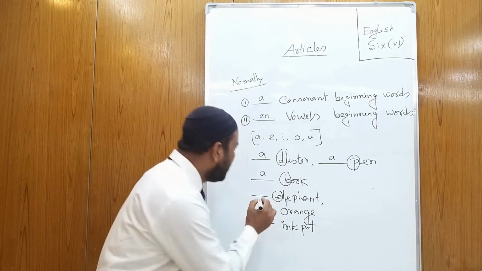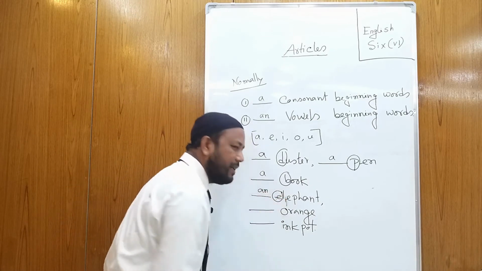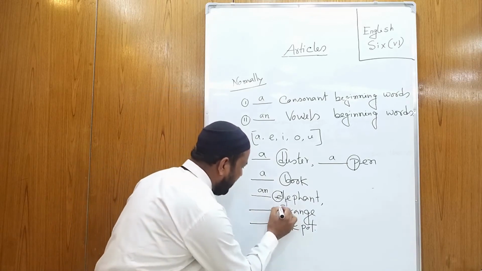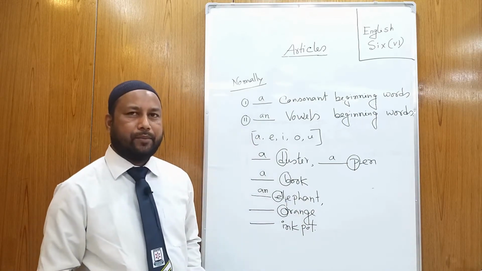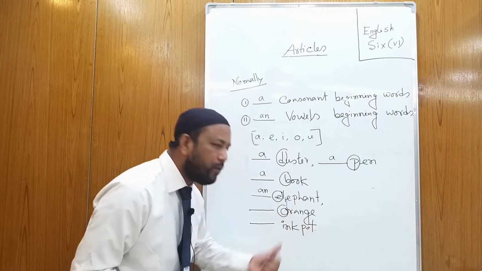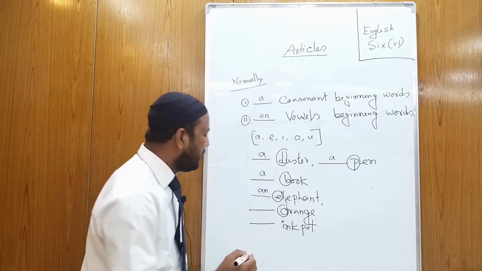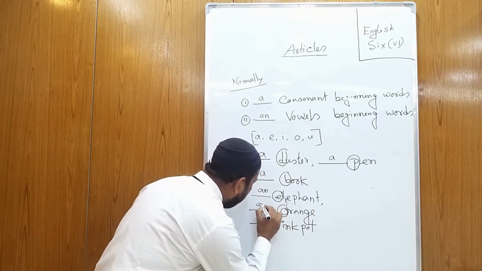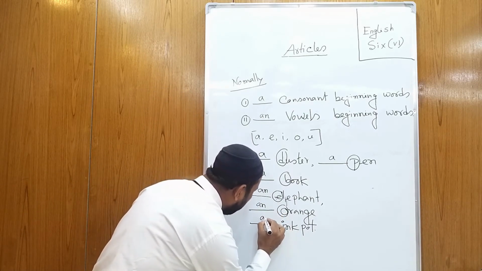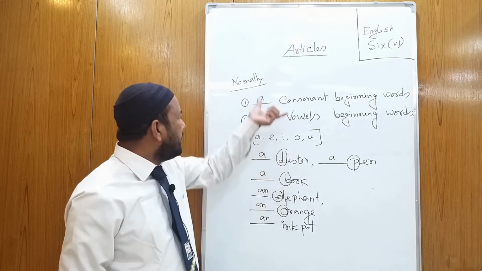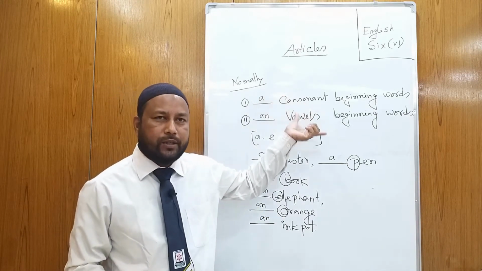That's why we use an here. I think it is clear to you. You can do that. Just look at the examples. Here is another word. It is orange and the first letter is O, that is a vowel, and we will use an. Similarly, we will use an here. I think both examples are related with these rules. Thank you.